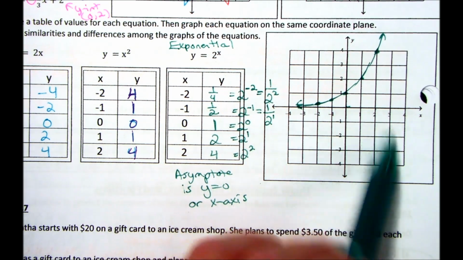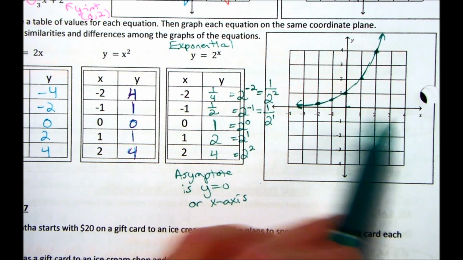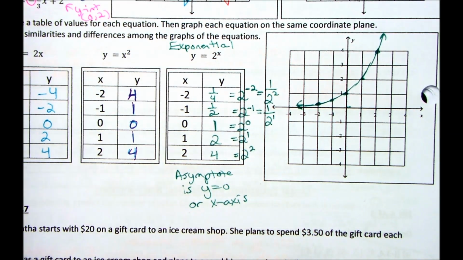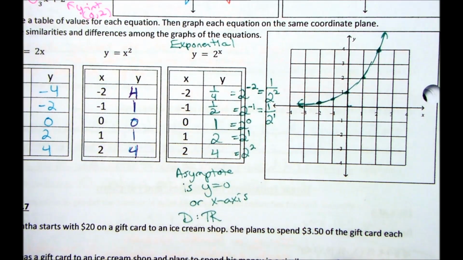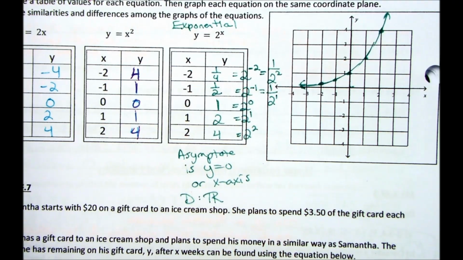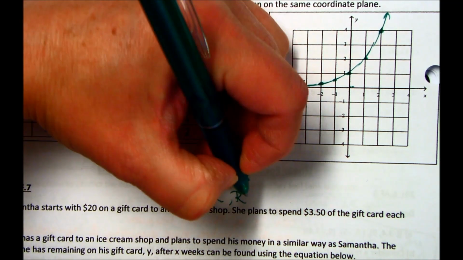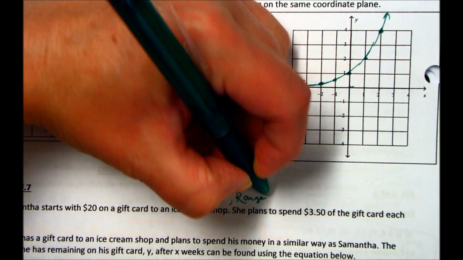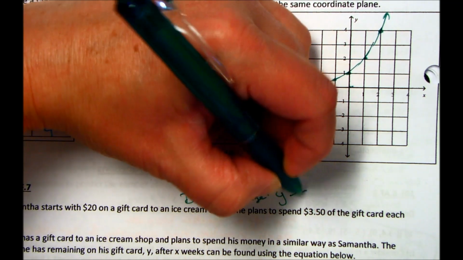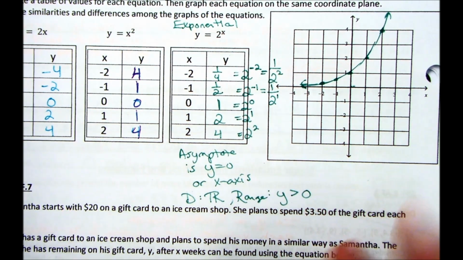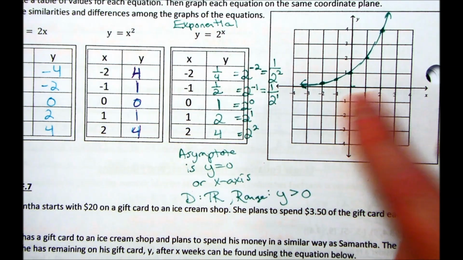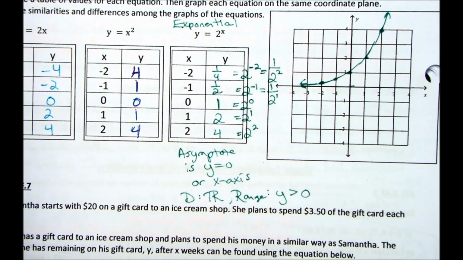It's also never going to be negative since it can't cross that x-axis. So your domain for exponentials would be all real numbers, or you can use a symbol for all real numbers, but your range would be all y's that are greater than 0, and it's strictly greater than 0, not even equal to 0. So that's your exponential function.